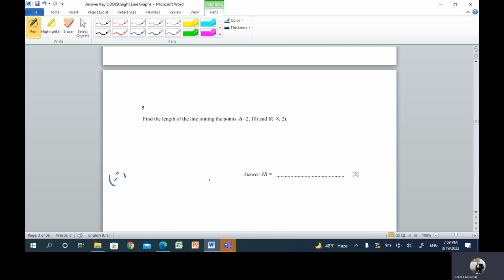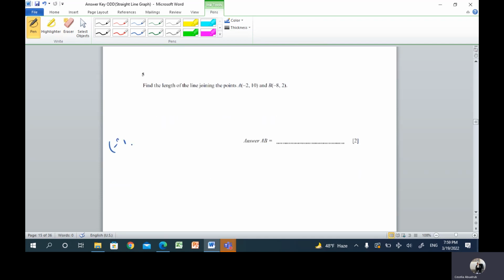We have here negative 2 and 10, and the other point negative 8 and 2.